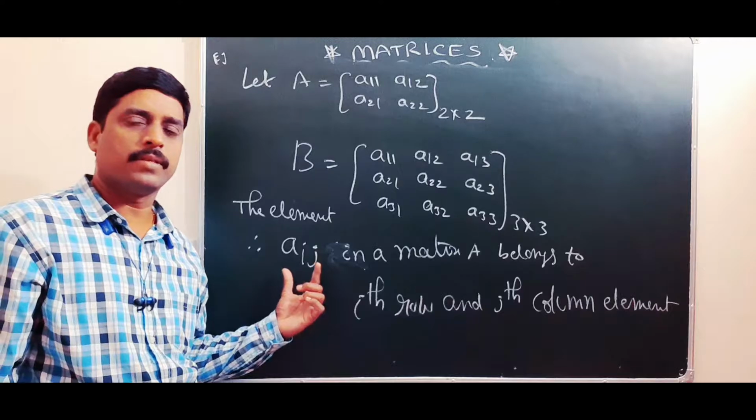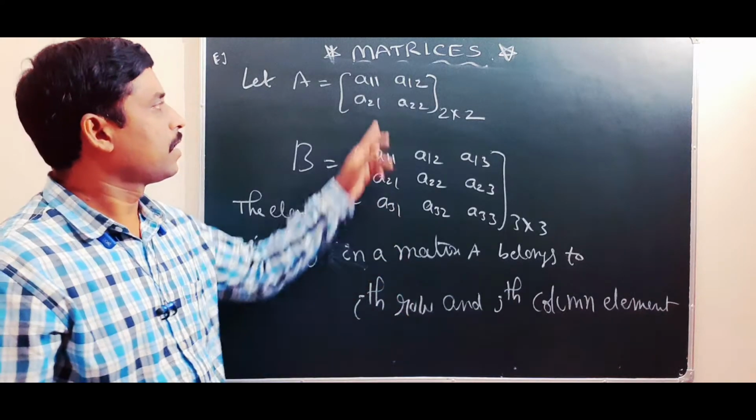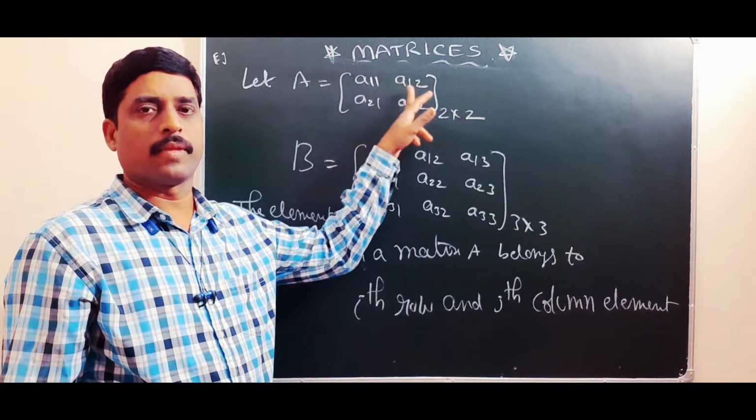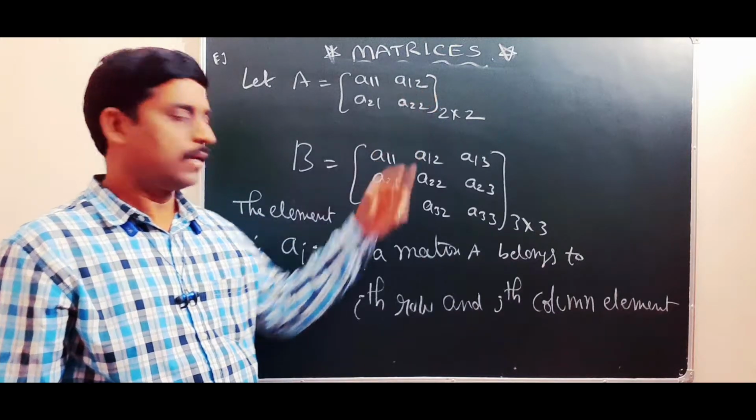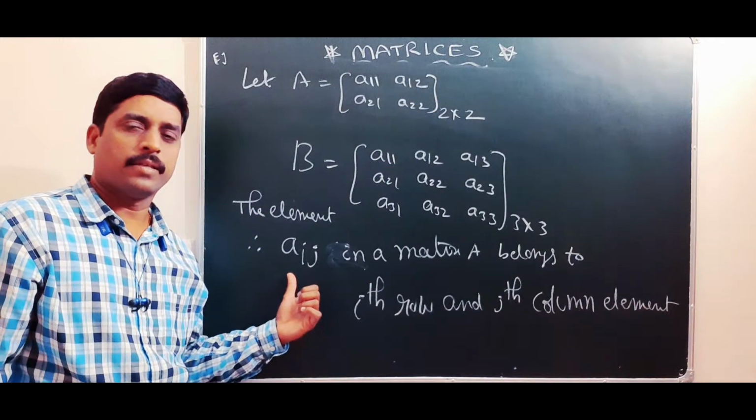Aij means ith row, jth column. A11 means first row, first column. A12 means first row, second column. In the same way, Aij means the ith row, jth column element.